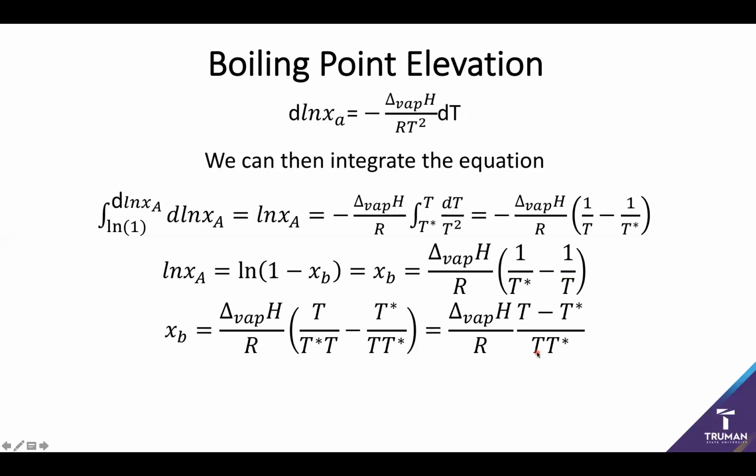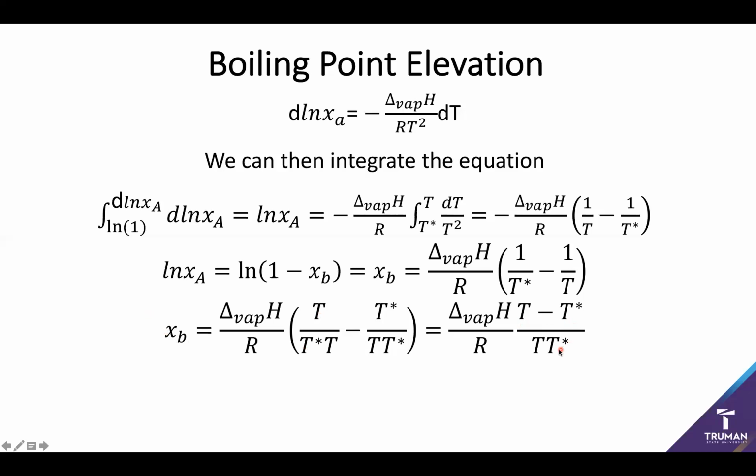Now let's actually take a moment to think about what these terms mean. So T minus T prime is essentially my new boiling point minus my old boiling point, or the pure boiling point. So this is essentially just the change in my boiling point. And on this bottom term, we're generally going to assume that since I'm not adding too much x, both of these boiling points are going to be fairly close to each other.